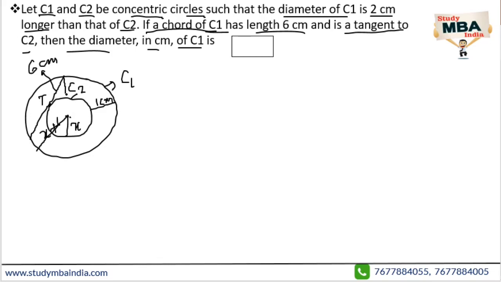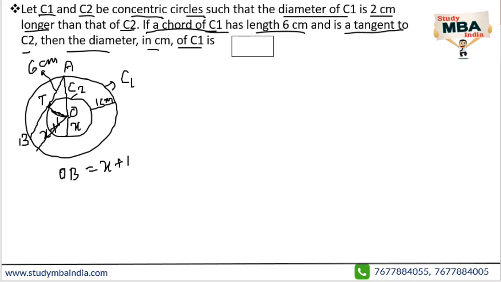Now if we connect O, and let us say this point is A and this point is B, then OB is basically the radius of the bigger circle, which is x plus 1, right?